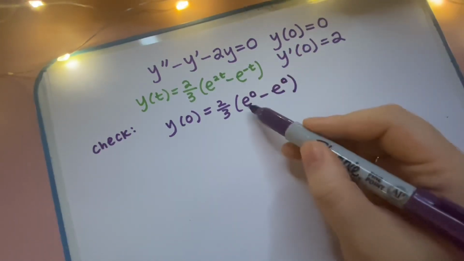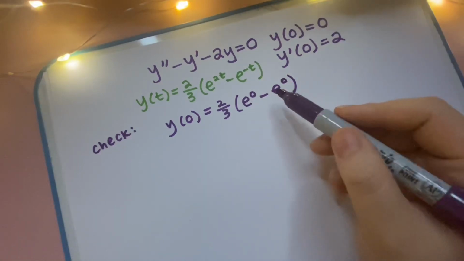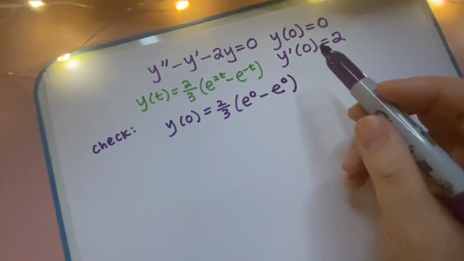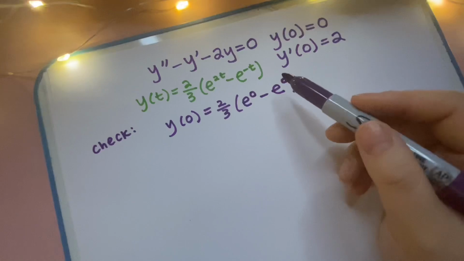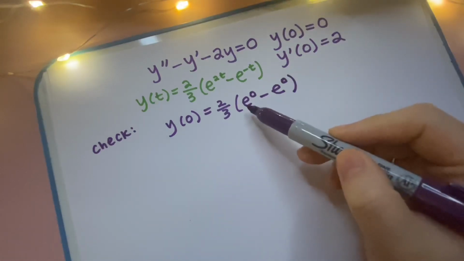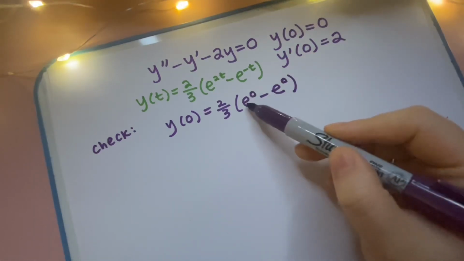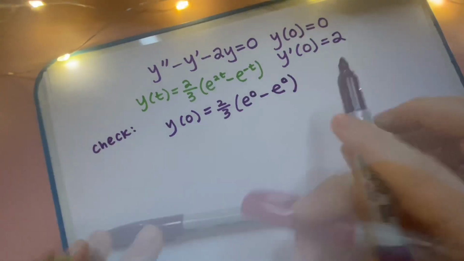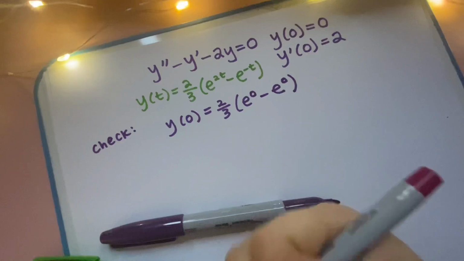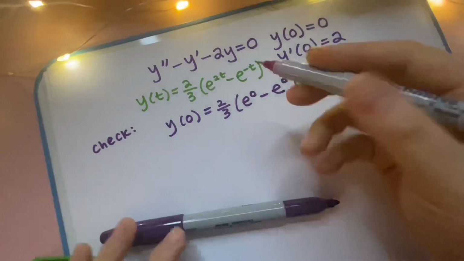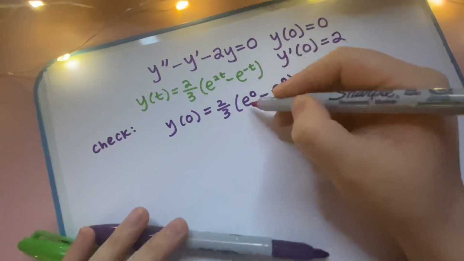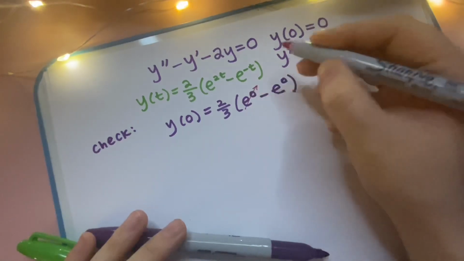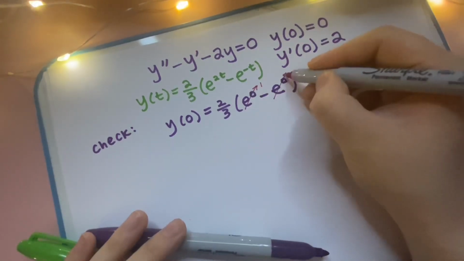And so here, e is our Euler constant, the 2.718, whatever. And so that constant to the power of 0 is 1. To the power of 0 is 1, unless we are talking about our ambiguous case of 0 to the 0. But e is not 0, so that's nothing to worry about here.